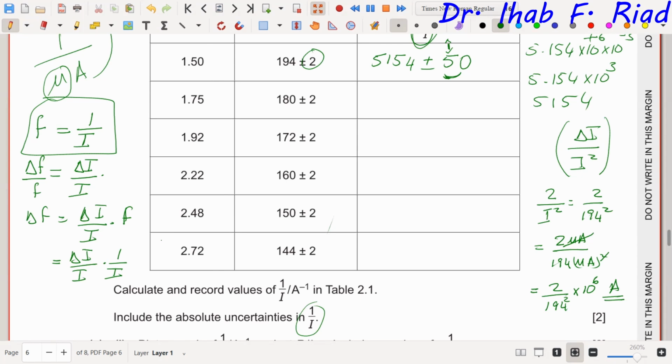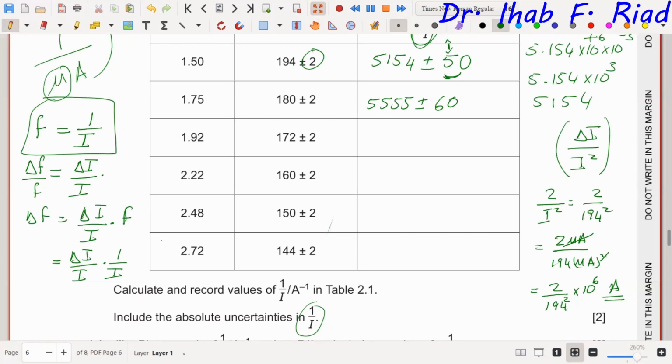So it is 5,555, right? And what is the uncertainty? 60, exactly. Good. What is this 172?